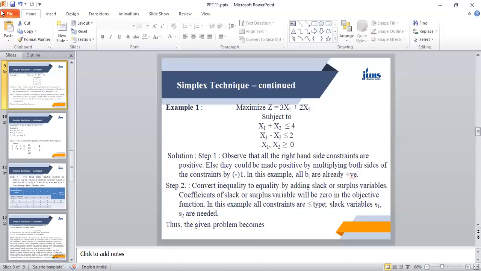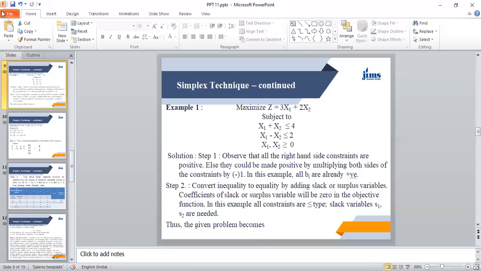What is the first part of this discussion in the simplex technique? Two conditions must be satisfied. Number one, the right hand side should always be positive.